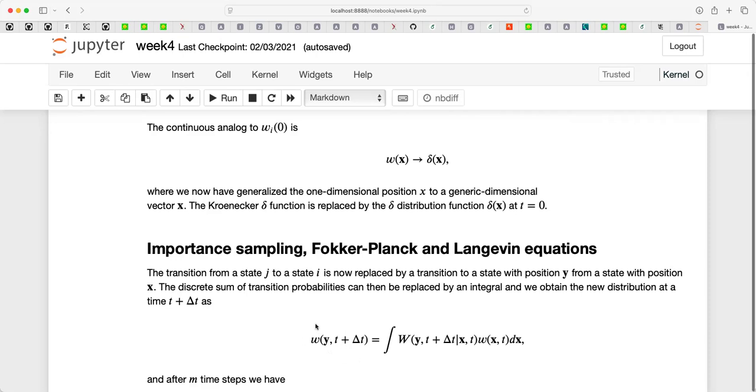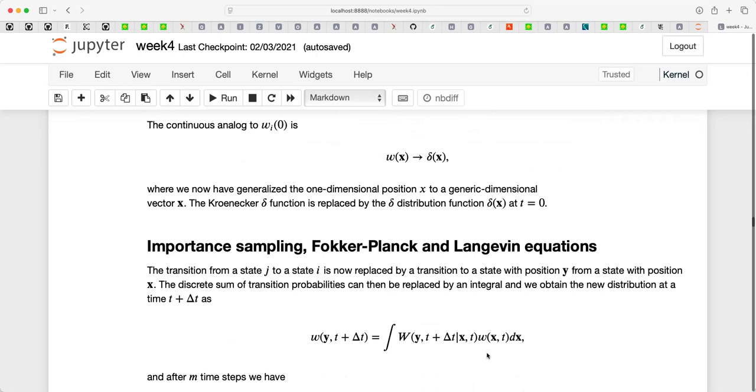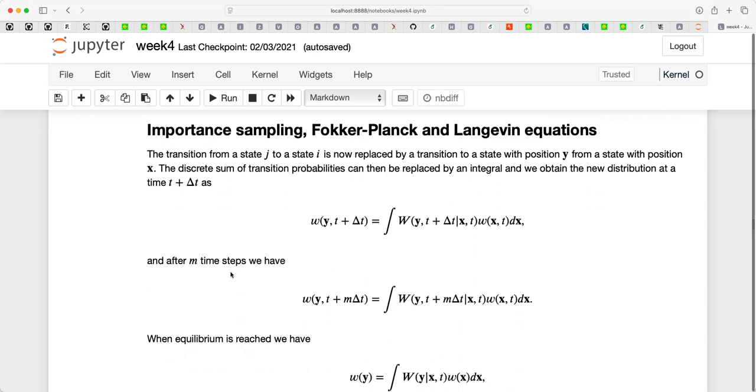And that means that your new probability at the position y at the time t plus delta t is actually, instead of having a discrete sum, as you have here, you have an integral over all the positions these objects can be in. So this is nothing but the continuous variant of a Markov chain. And you have an initial probability, which is multiplied with the probability of making a transition. So if you do this after m steps, this simply becomes like that.